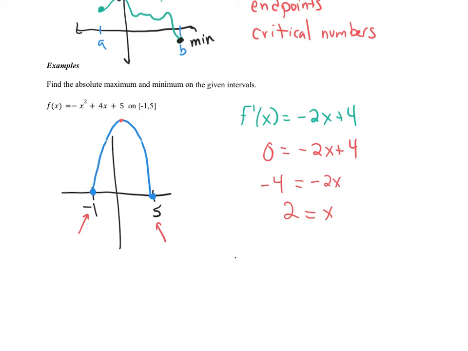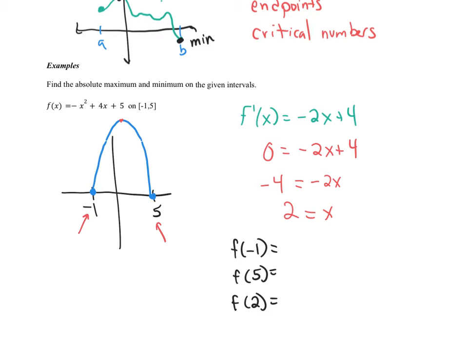So what we will do in general is plug the endpoints into the original function, so f of negative 1 and f of 5, and then plug in f of 2. So the extreme value theorem says one or multiple of these will be the biggest value, and one or multiple of these will be the smallest value. And sometimes there'll be some in between. It just depends on the function.